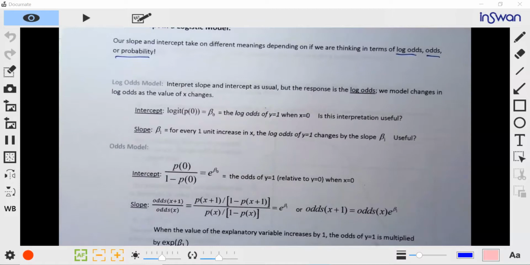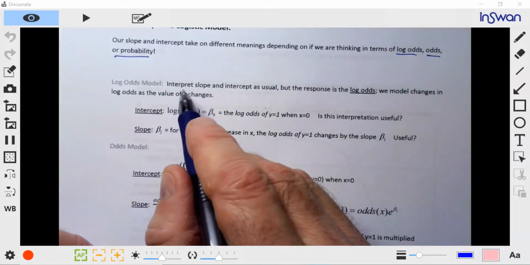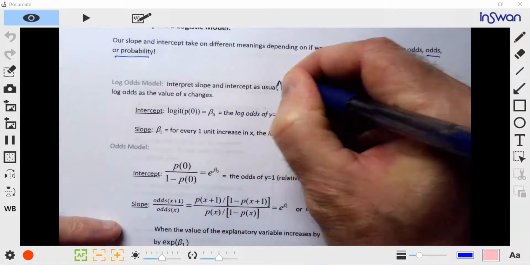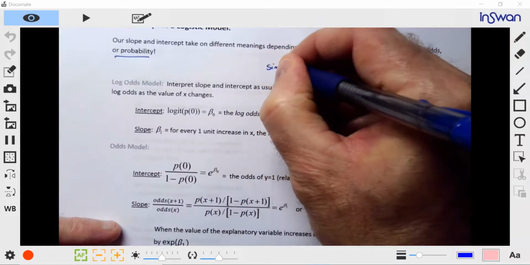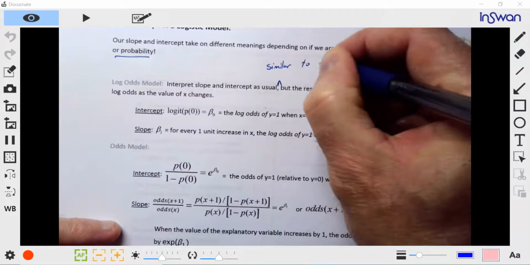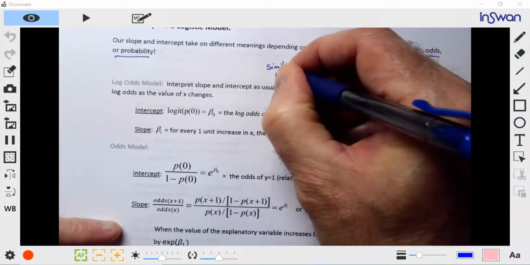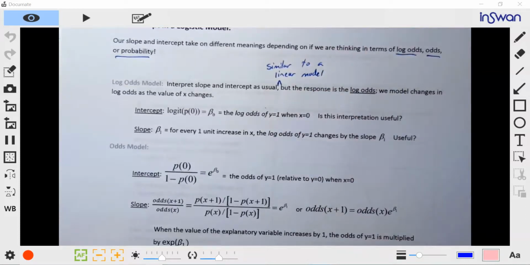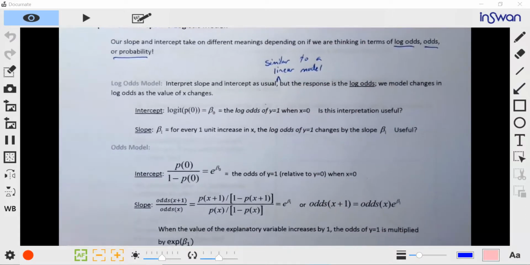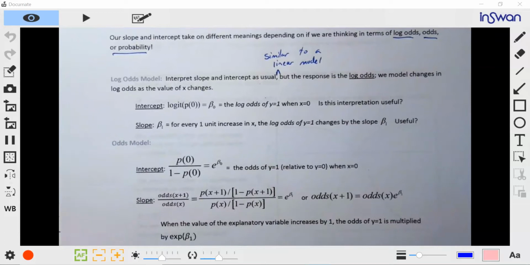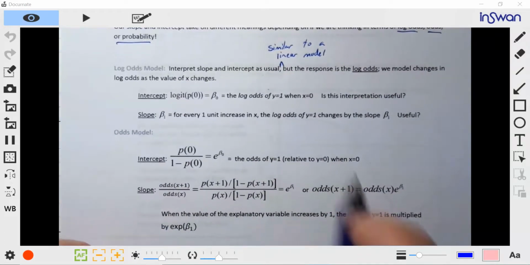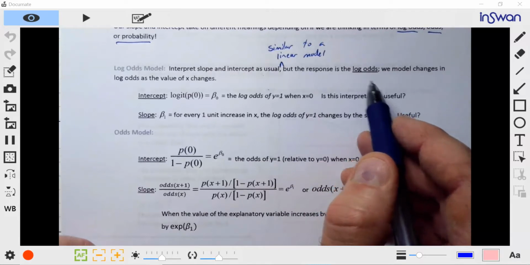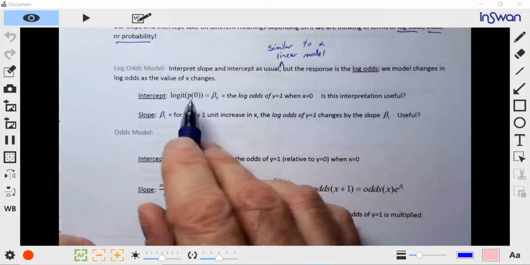For the log odds model, we're going to interpret the slope and the intercept as usual. By as usual I mean similar to a linear model. So if you know how to interpret slope and intercept in a simple linear regression, you'll be in good shape here. But now the response is the log odds. So we model changes in the log odds as the value of x changes.